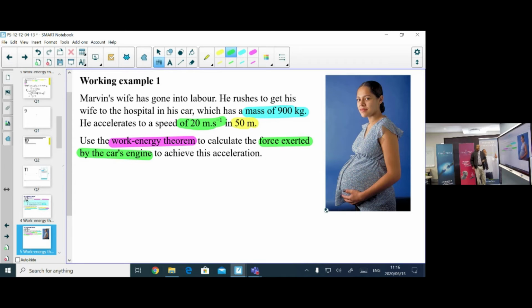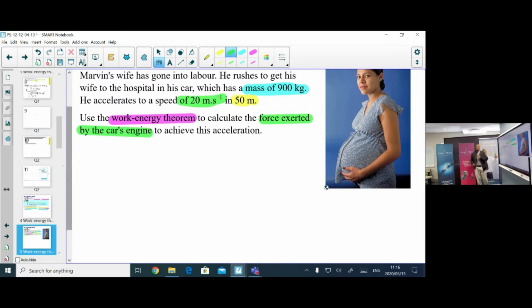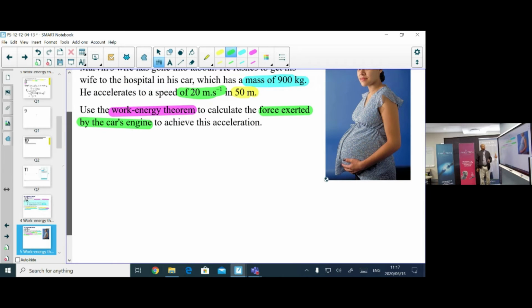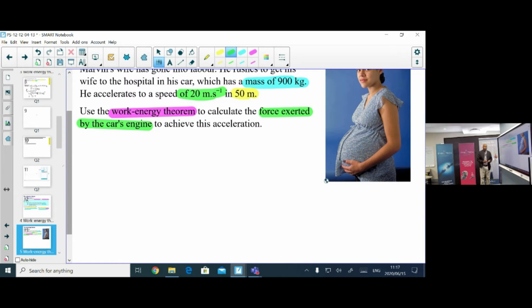I told you all the time that you have to write down the given information, because it is going to lead you to what they are looking for. The work energy theorem is only the formula, but what is needed there? That is the force. We all know that work has a force and a displacement. All right, let me write down the given information.